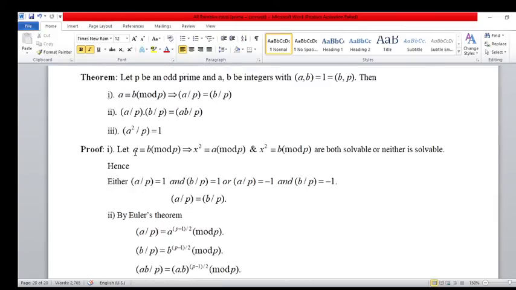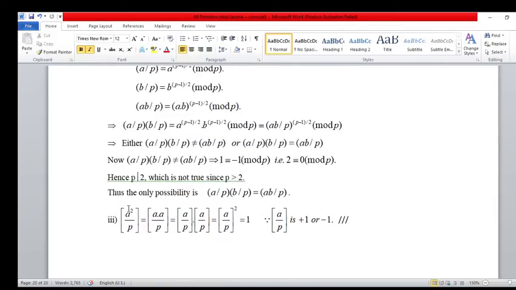Now the third condition is easy. Here we take (a square upon p). Breaking a square into two parts, a into a, this is (a upon p) into (a upon p), so it is (a upon p) whole square, and (a upon p) means plus or minus 1, so this is 1.